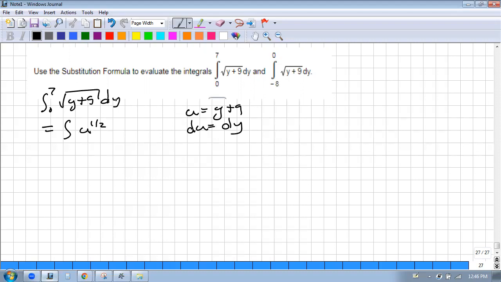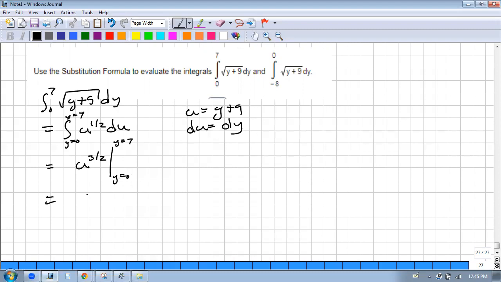So we could just replace dy here with du. The bounds are going to be different here. So this is when y equals 0 to y equals 7. If we could integrate this, this would be u to the 3 halves, evaluated from y equals 0 to y equals 7.